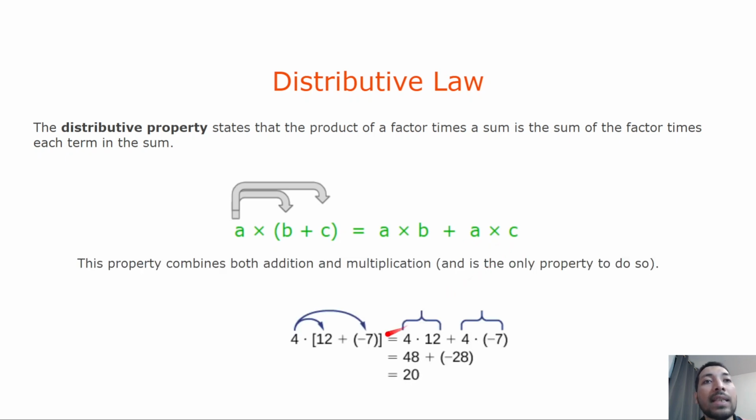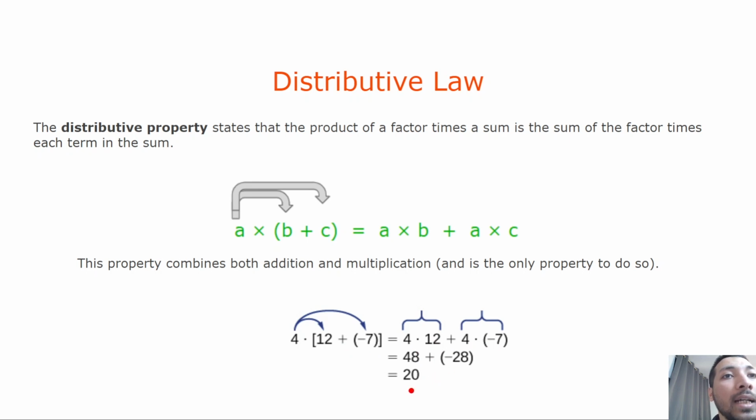Now if we look at this example, we have 12 plus negative 7 and we want to distribute this 4 with each of the terms in the parentheses. So we have 4 times 12 plus, this plus comes from here, 4 times negative 7. If we add them, 4 times 12 is 48 and 4 times negative 7 is negative 28.